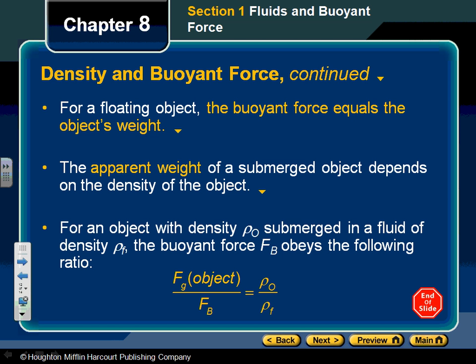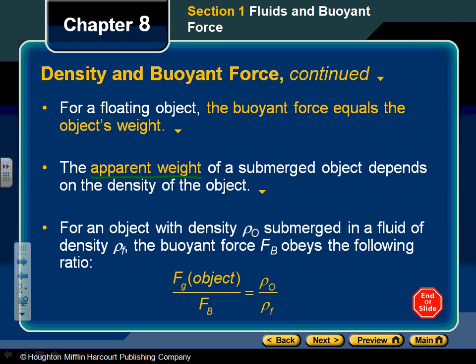Okay. Now, when an object is completely submerged, there's what's called the apparent weight of that object. Okay, the apparent weight, that's why objects that are submerged in the water feel lighter. That's why a heavy rock in the water feels lighter while it's underwater, but then if you get it out of the water, it is much heavier and you might not be able to lift it at all.